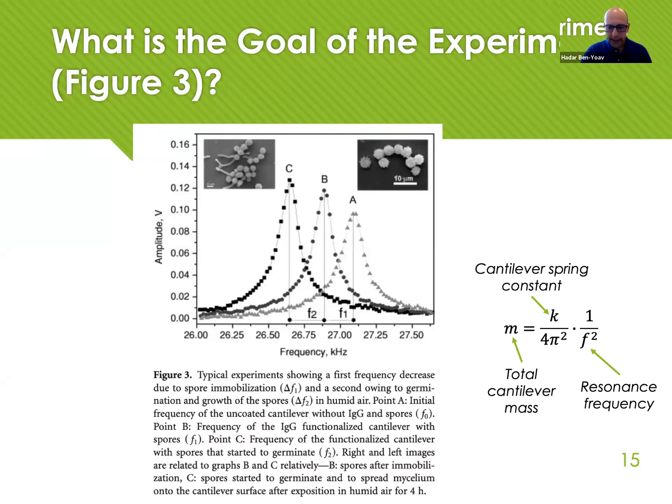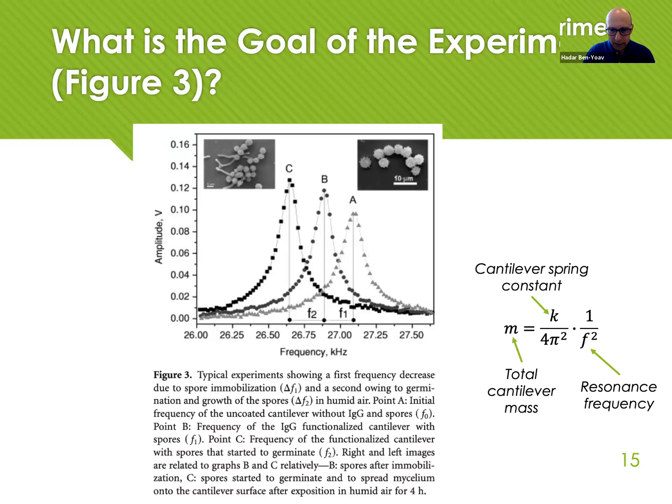Now, B is when we actually introduce the antibody itself. We put on the cantilever, we add the antibodies, and we get some spores bound to it at the beginning. And it looks like this. Spores are dormant, they are sleeping, they don't grow.